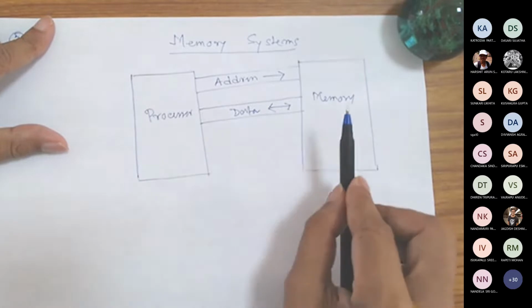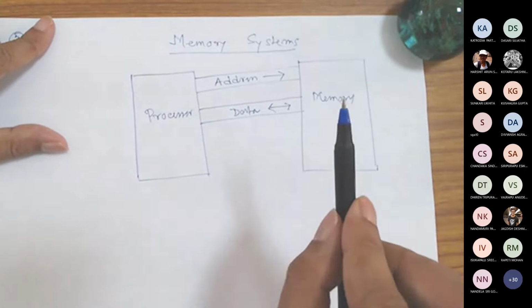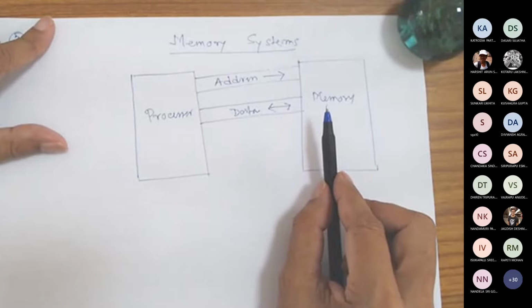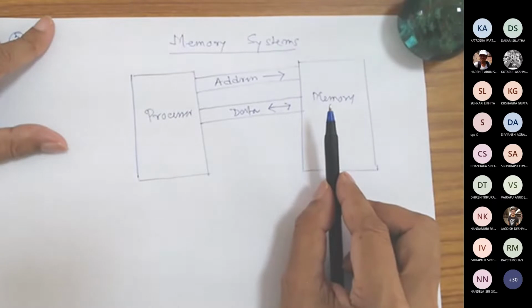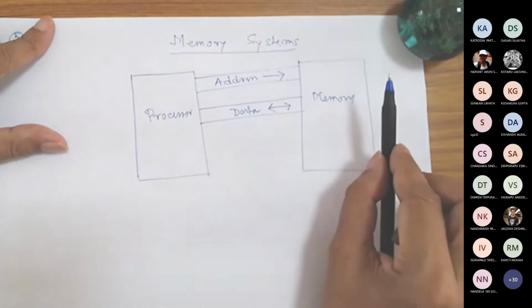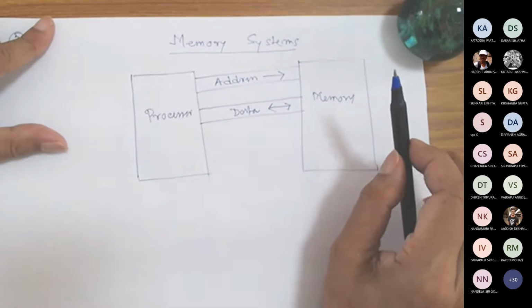Now, since memory is an external entity and it is a passive entity. Memory is not intelligent. Memory is a dumb entity. It has no intelligence. It can't do anything by itself. So if you require the service of memory, you need to give commands to the memory. So for giving commands to the memory, we need control signals.